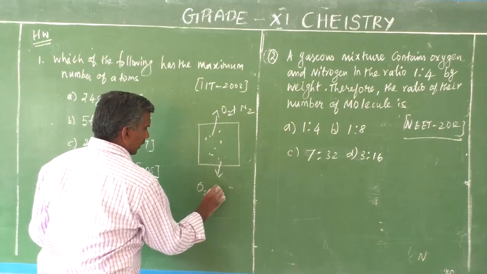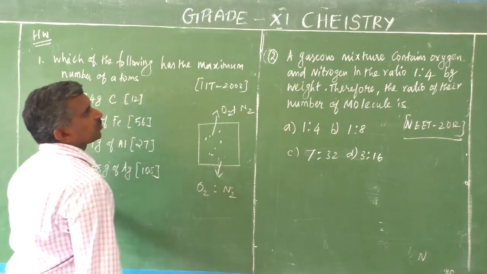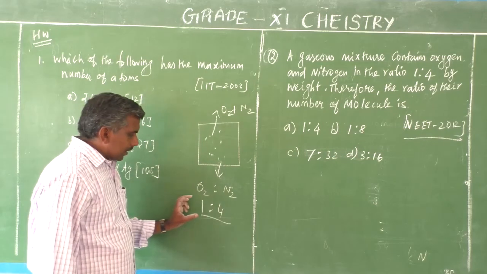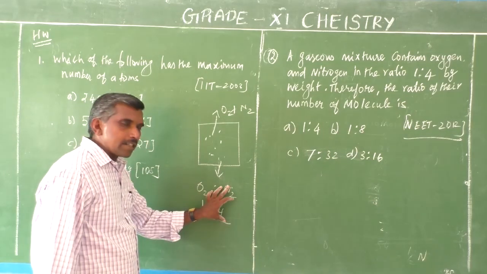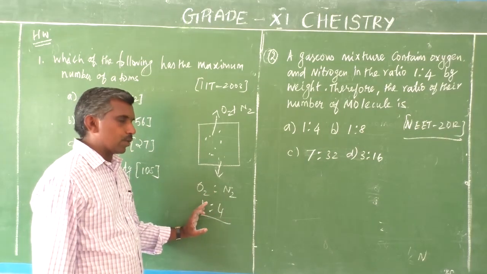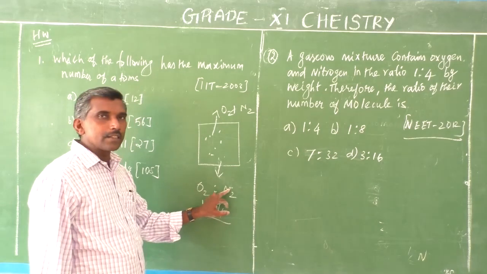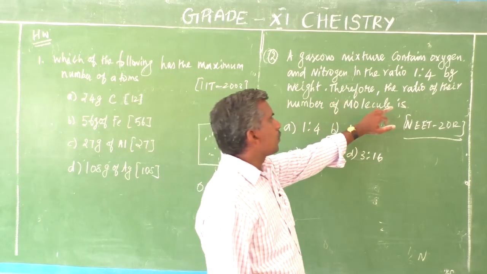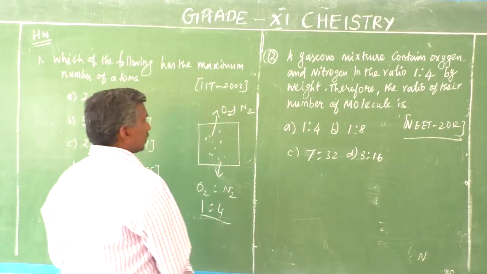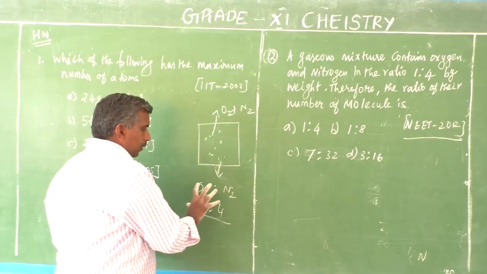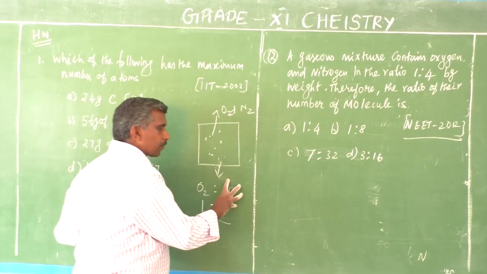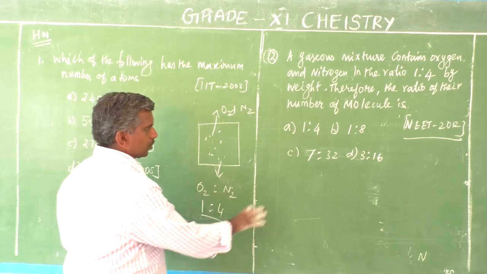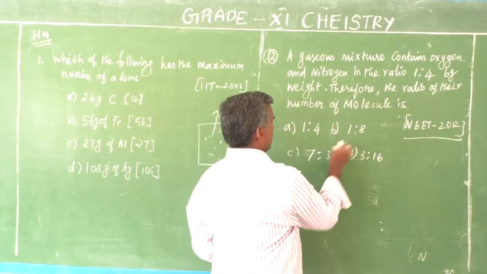Oxygen and nitrogen weight ratio is 1:4. So 10 gram oxygen means 40 gram nitrogen. Maximum weight is nitrogen, minimum weight is oxygen. That is the ratio by weight. Therefore, we find the ratio of the number of molecules of nitrogen and oxygen. These are options A, B, C, D.